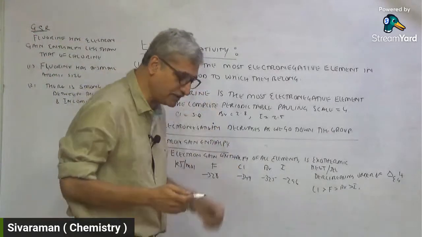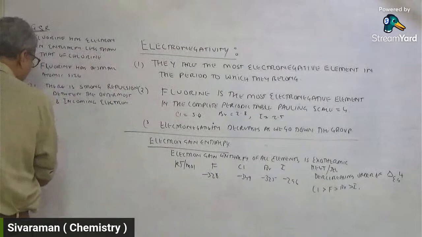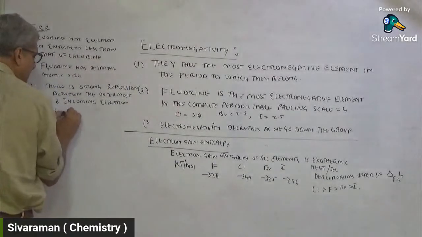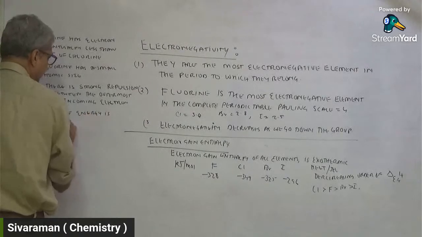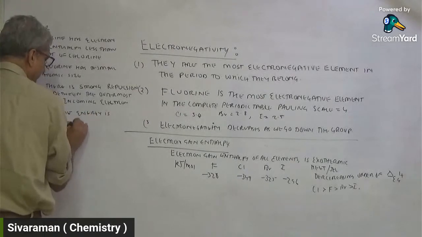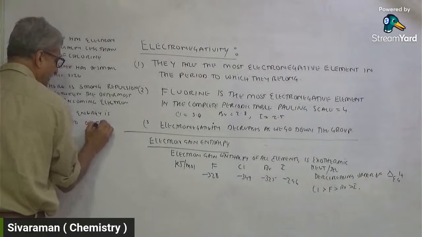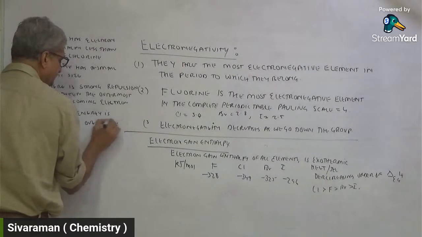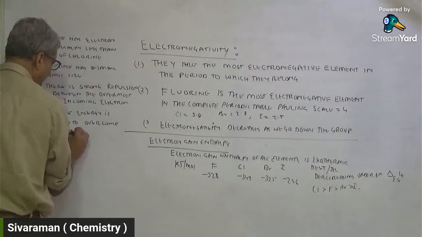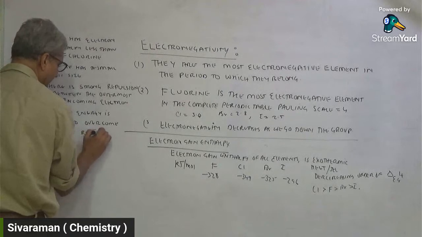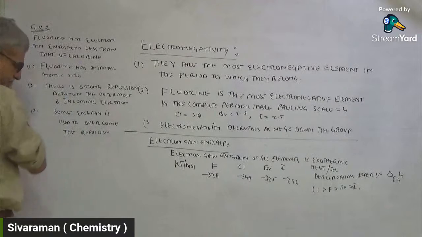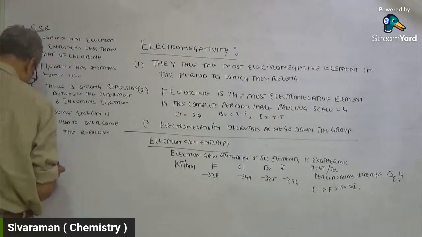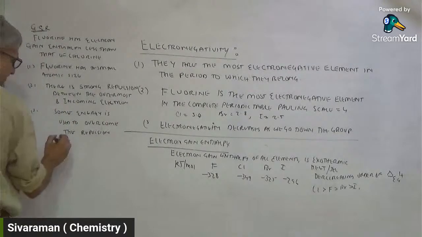So what happens? The third point is, some energy is used to overcome the repulsion. When it's used to overcome the repulsion, what happens?